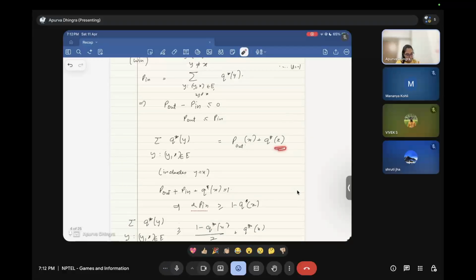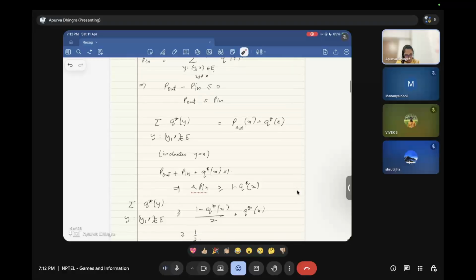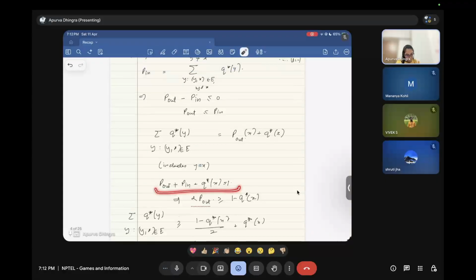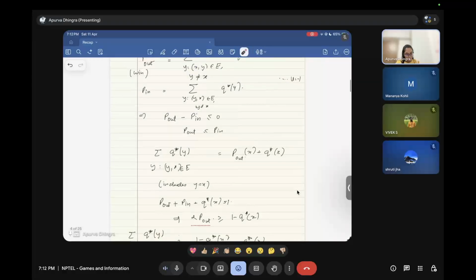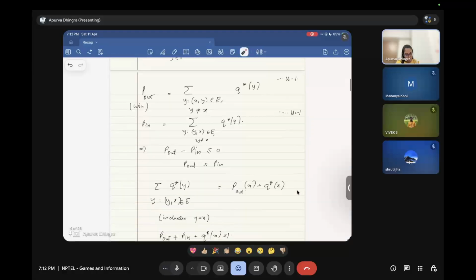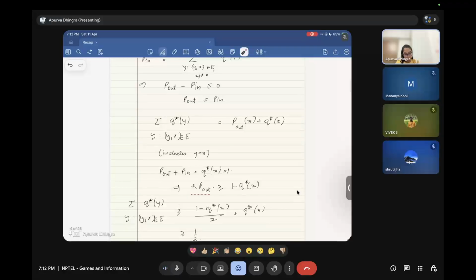And we can rewrite this by using the relation between P out and P in. Probability of P in is greater than probability of P out.